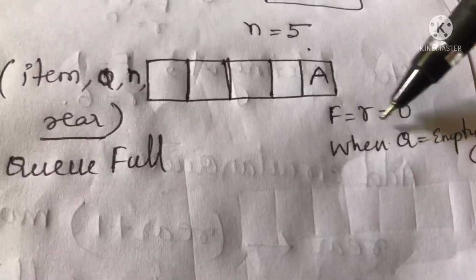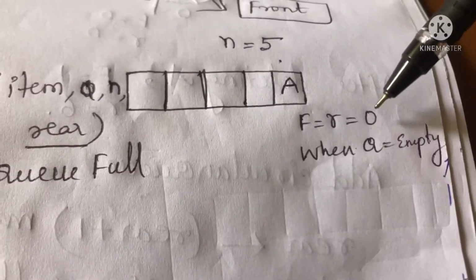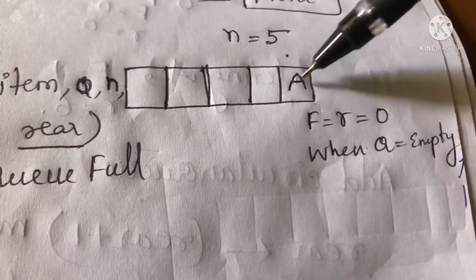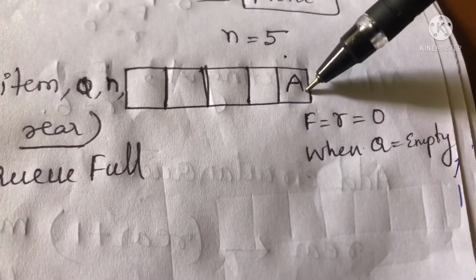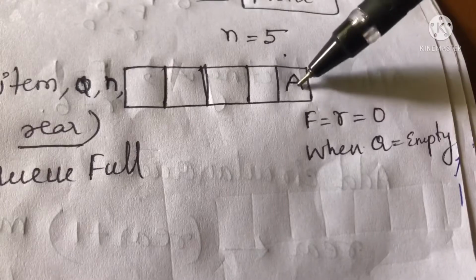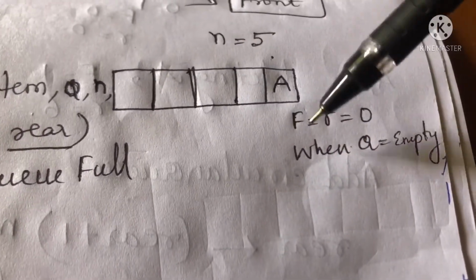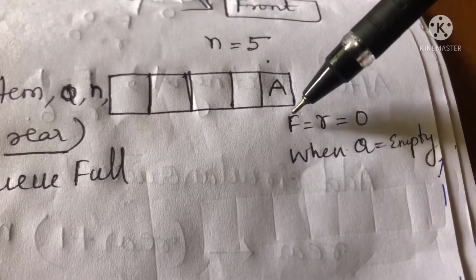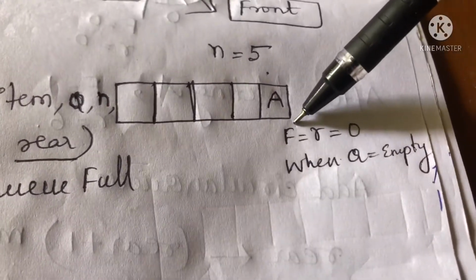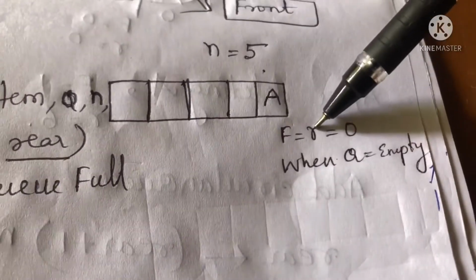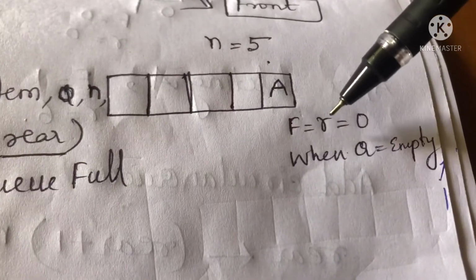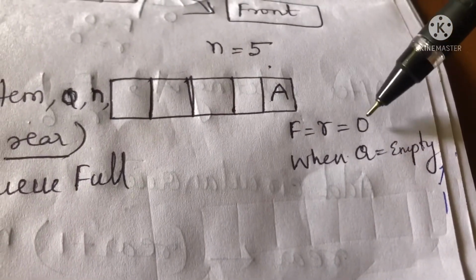At that time, front and rear are pointing to 0. Consider this is also empty. Front is represented by F, rear by R. Front equals rear equals 0.